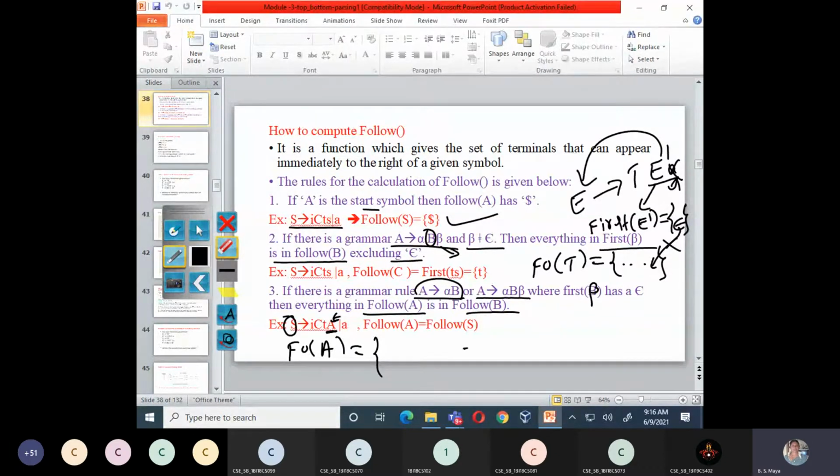The head of the production is S. Then you have to include the follow set of S into the follow set of A. When the production has an empty, you have to see the follow set of S. Okay, these are the three rules.